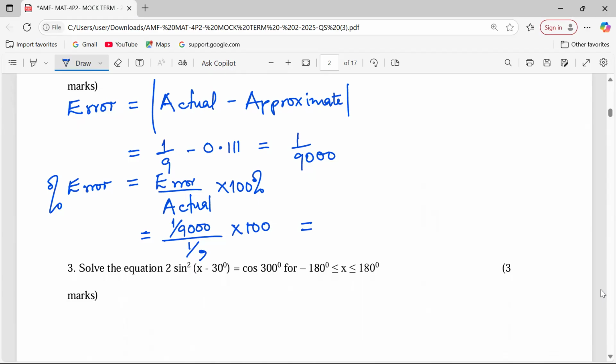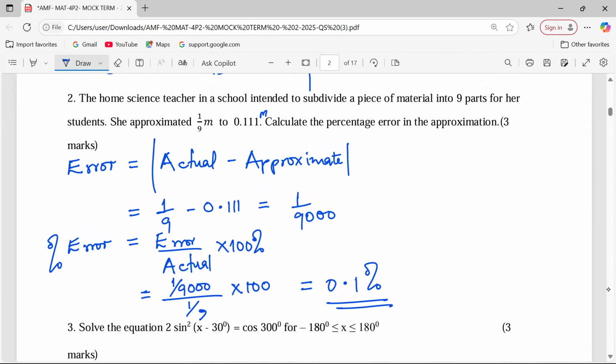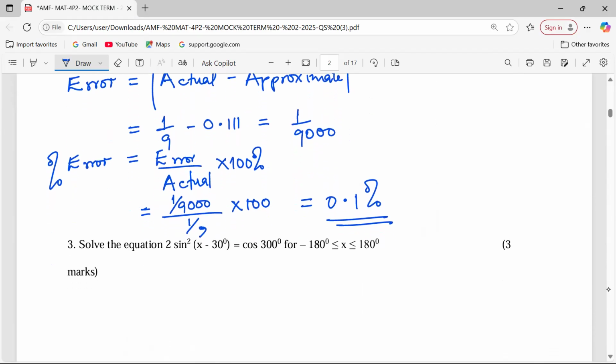From this, we get 0.1% error. So the percentage error in the estimation of the home science teacher in this school is 0.1%.